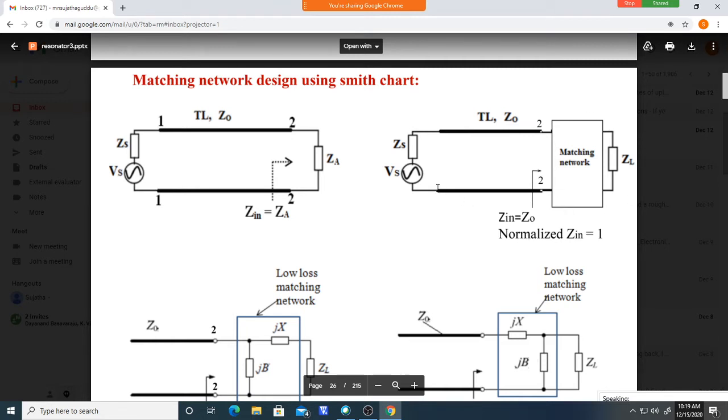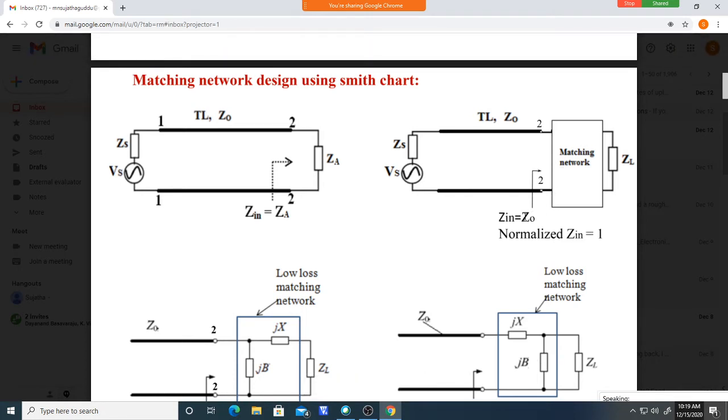That means we deliver maximum power to this entire network including this ZL. So we should change the impedance between these two terminals to Z naught. Then maximum power will be delivered from here to terminal 2.